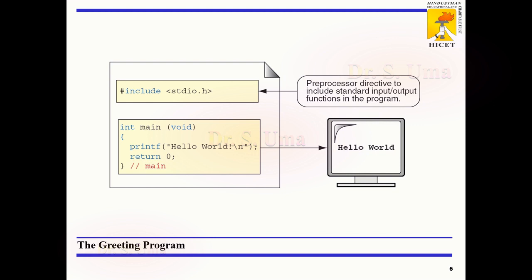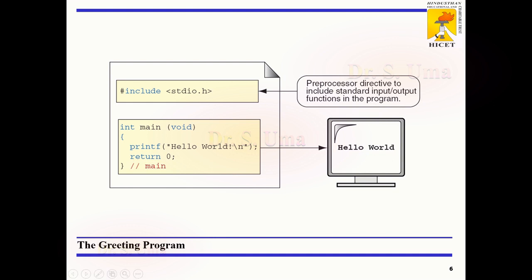Since we don't have any local variables defined in this program, we straight away start with the program statements. The first statement is the printf statement, which is an output function used for displaying hello world onto the screen. Followed by this we have the new line character, represented by the \n character.